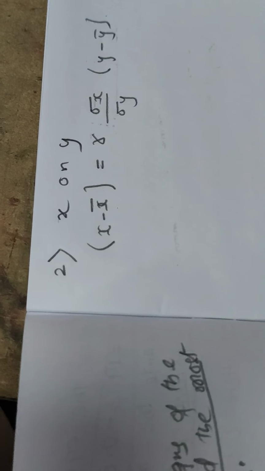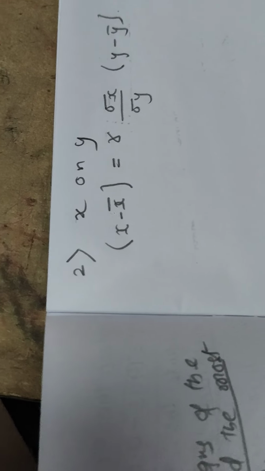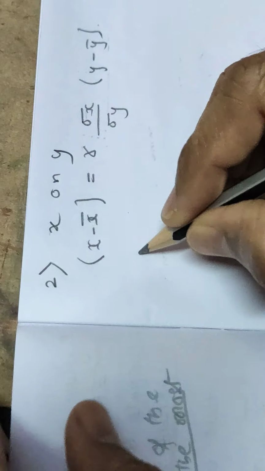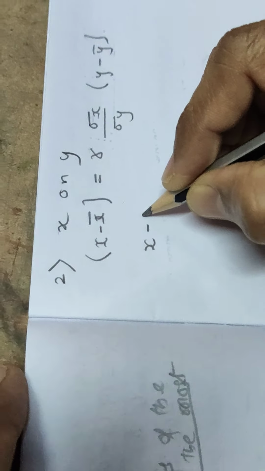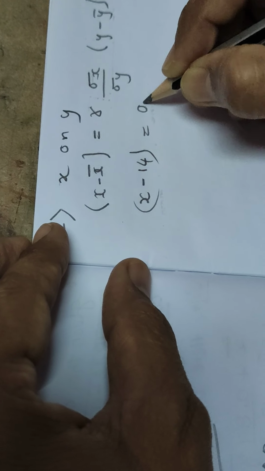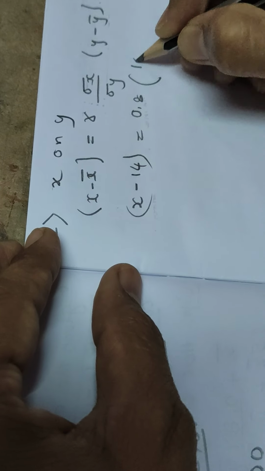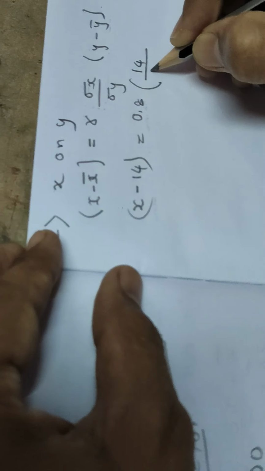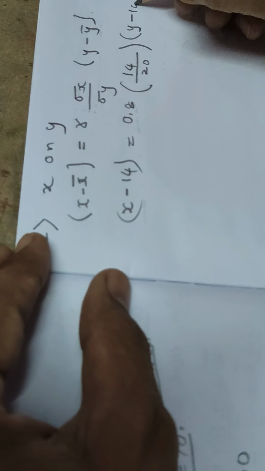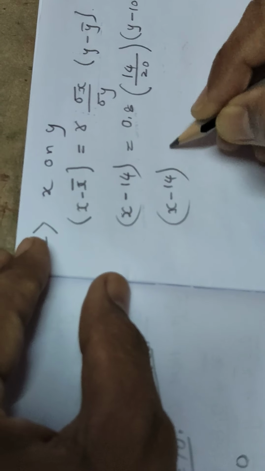So using this formula for x on y, I'll now substitute the values. x bar is 14, r we know is 0.8, sigma x we also know is 14, it is just the reverse. Sigma y is 20, y bar is 100.